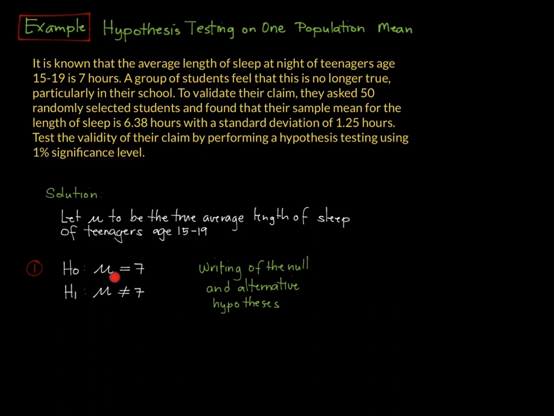Therefore, mu is equal to 7. And then the claim that challenges this known data is that it is no longer equal to 7. Therefore, the alternative hypothesis is written as mu not equal to 7. Again, this is our step number 1 for the hypothesis testing. It is the writing of the null and alternative hypothesis.